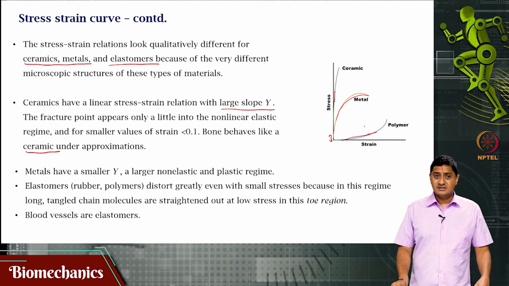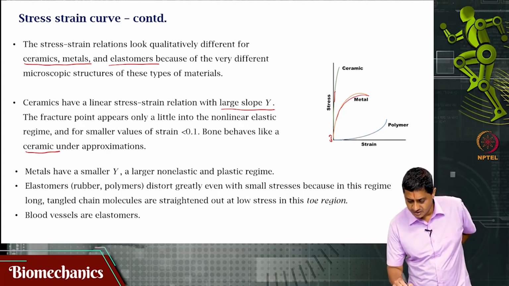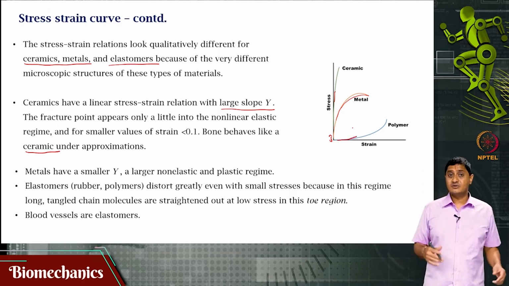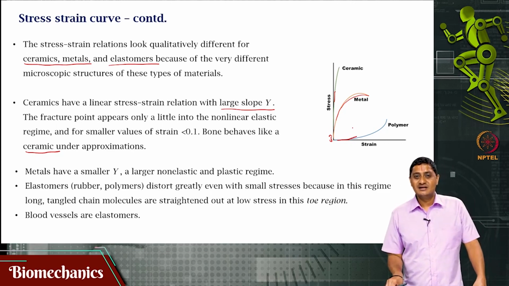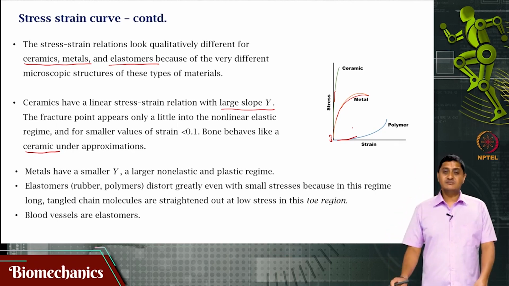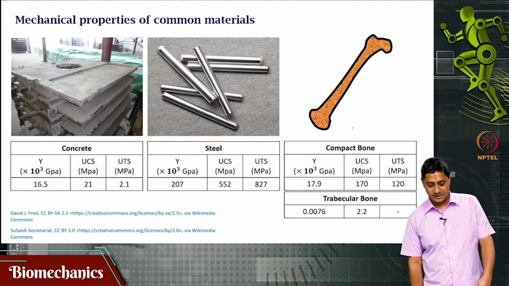In this, the material property is such that tangled chain molecules are straightened out, the so called toe region, something that we will revisit when we look at tendons. We will be discussing models of nonlinear elasticity in the toe region of the tendon. Something to keep in mind is that blood vessels are elastomers. So, they exhibit this kind of a property.